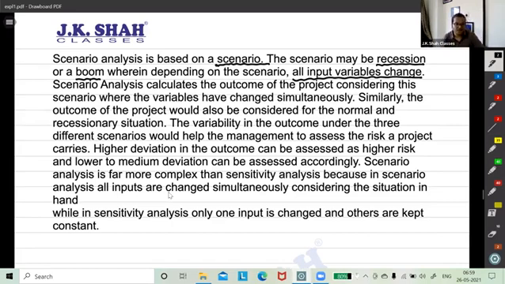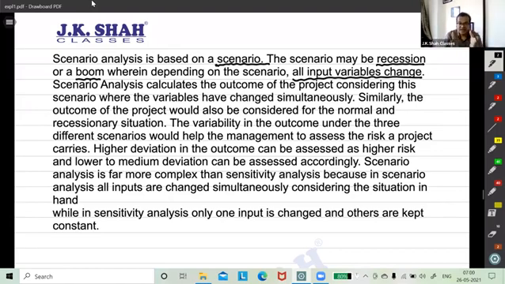Scenario analysis calculates the outcome of the project considering the scenario where the variables have changed simultaneously. All the variables will change accordingly. Similarly, the outcome of a project would also be considered for the normal and recessionary situation. The variation in the outcome under the three different scenarios would help the management to assess the risk the project carries.